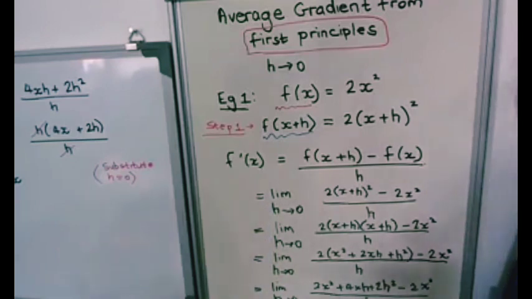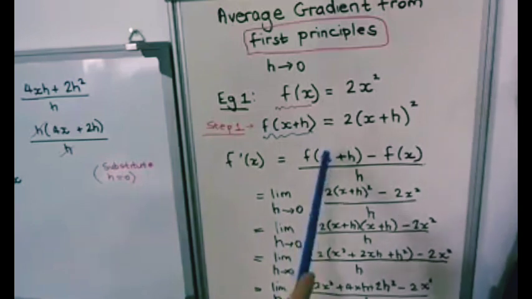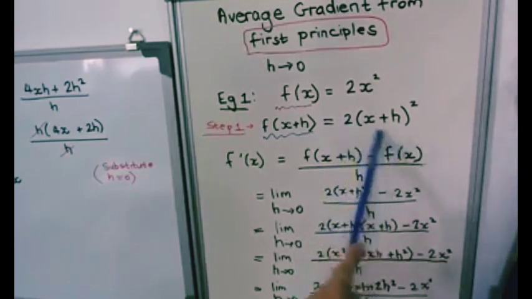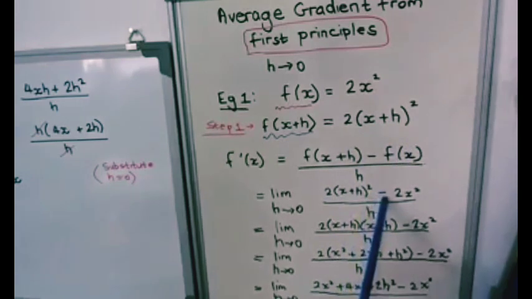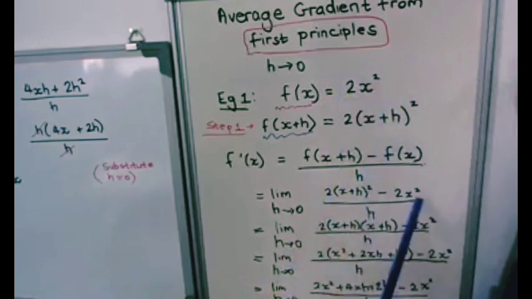So just get used to writing that now. Now I'm going to substitute f of x plus h, minus f of x, and that's all over h.